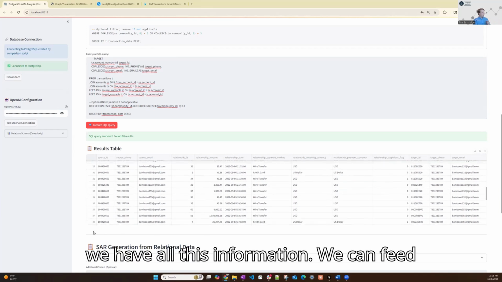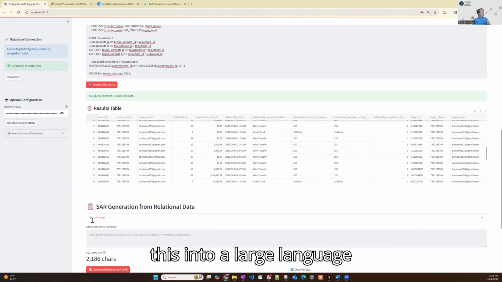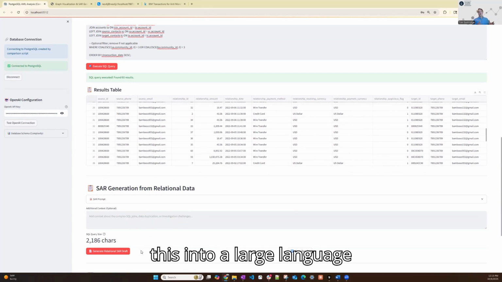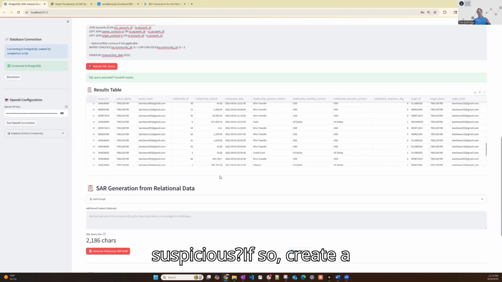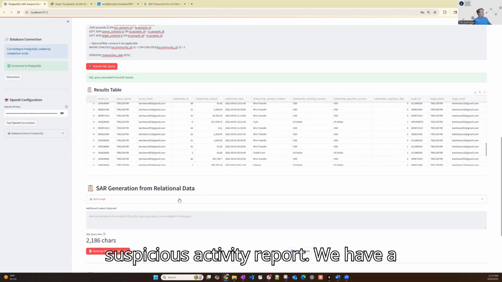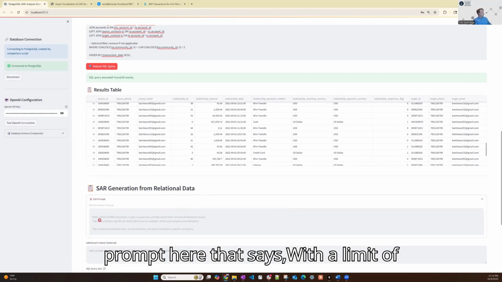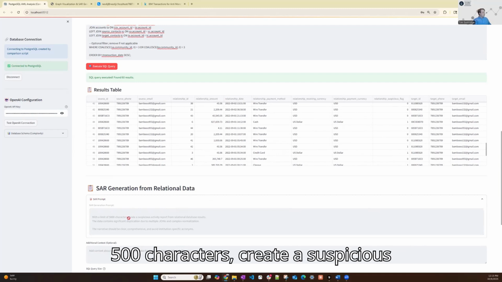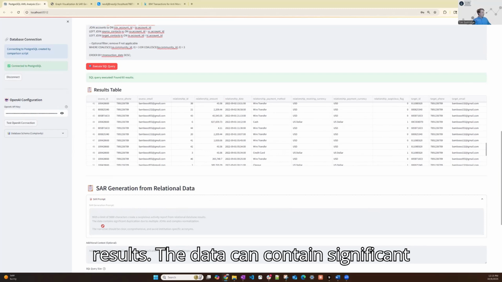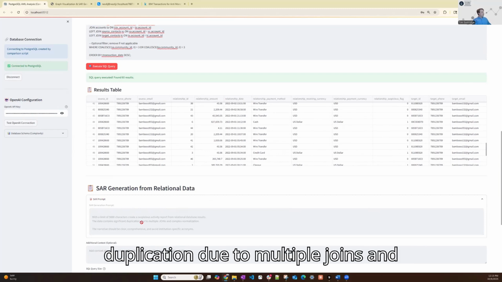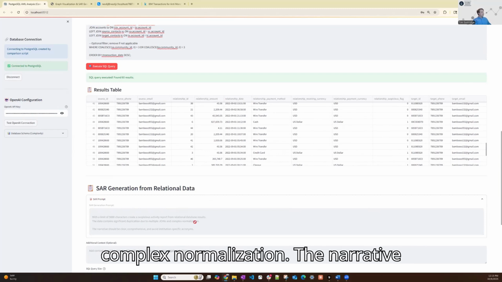So we have all of this information. We can feed this into a large language model to say, is this suspicious? If so, create a suspicious activity report. We have a prompt here that says, with a limit of 500 characters, create a suspicious activity report from relational database results. The data can contain significant duplication due to multiple joins and complex normalization.